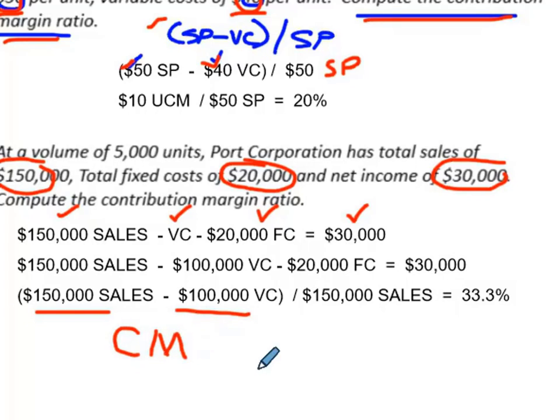I take my contribution margin then and divide it by my total sales of 150,000, and I end up with the contribution margin ratio of 33.3%. So that's another way of solving for a contribution margin ratio when you're given different sets of information to work with.